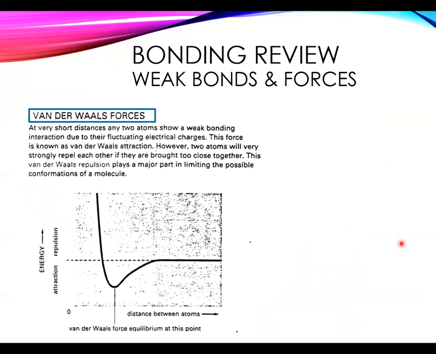All right, let's go back to our weak bonds and forces and overview them briefly. So first up, we're going to talk about van der Waals forces. And you studied these in Gen Chem under the name of London dispersion forces, or LDFs. So remember what that was about.